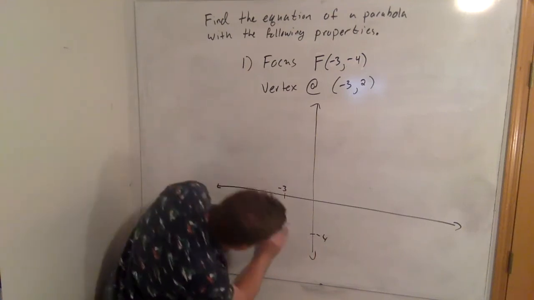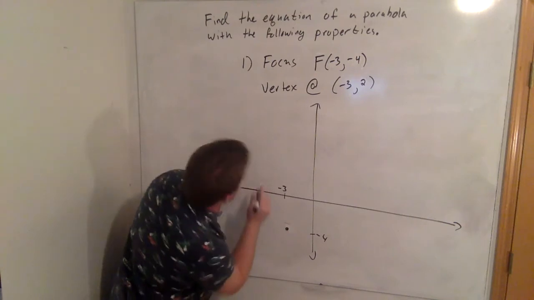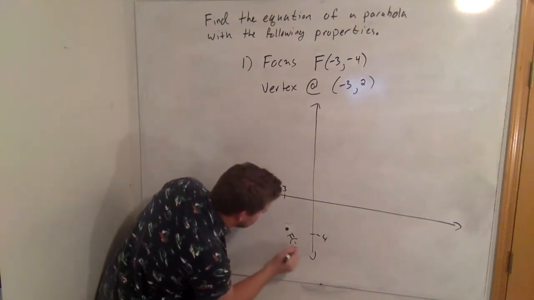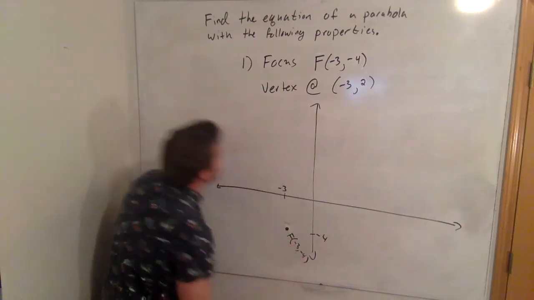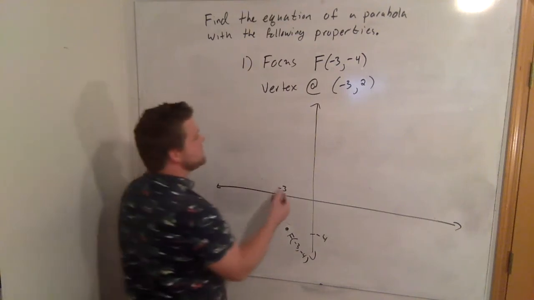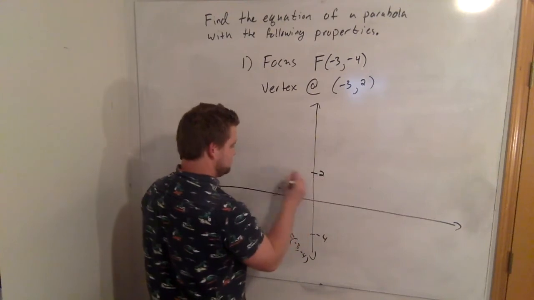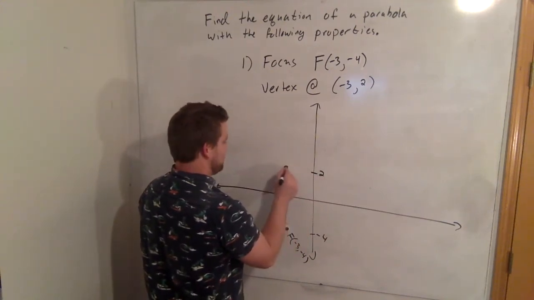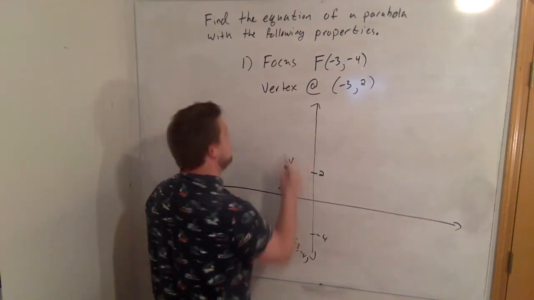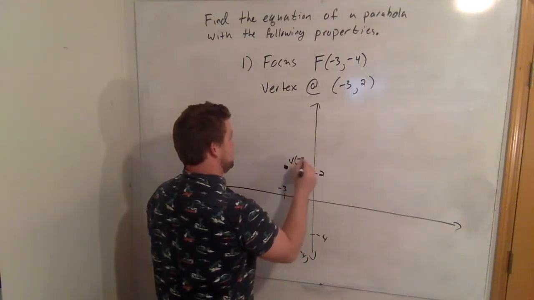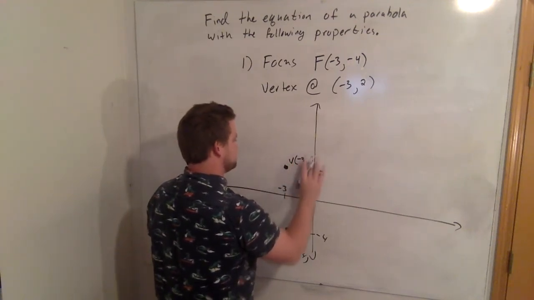Okay, so this is where our focus is. And the vertex has coordinates -3, 2. So this is roughly 2, this is where the vertex is. So maybe I'll put a V. The vertex is -3, 2.